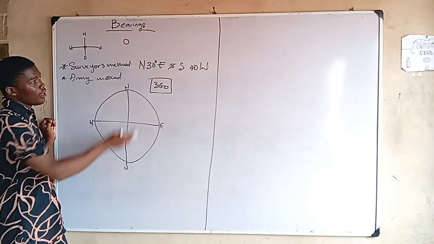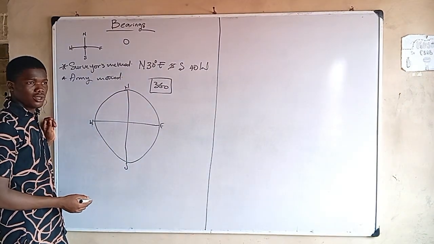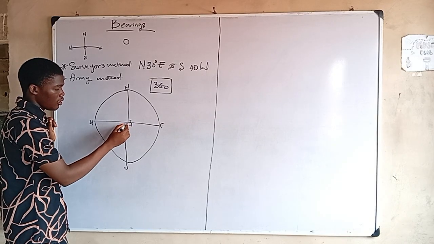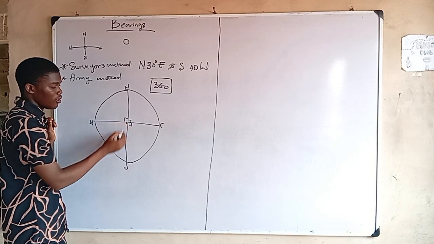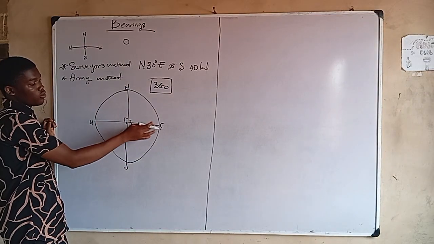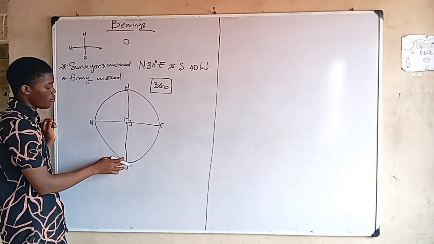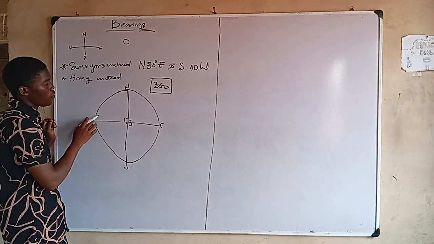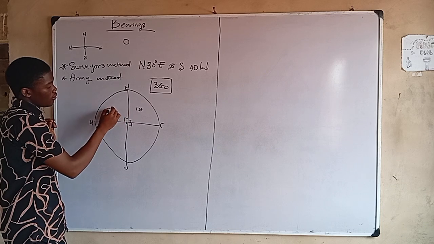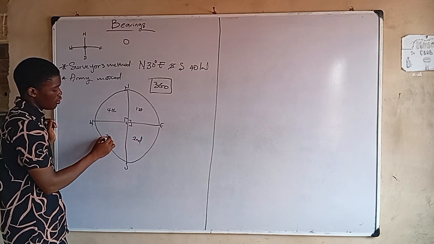Now, look at this, north 30 degrees east. In the first quadrant, this is 90, this is 90, this is 90, and this is also 90. All these angles are 90. The first quadrant from here to here is 90, the second quadrant is 90, the third is 90, and the fourth is 90. This is fourth, first, second, and this is third.